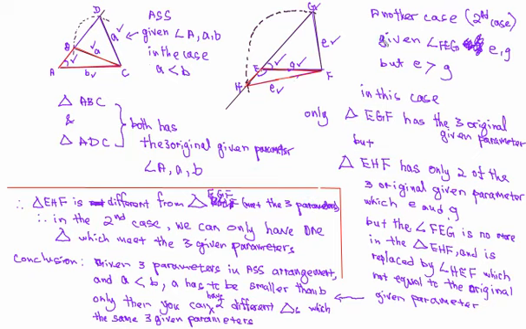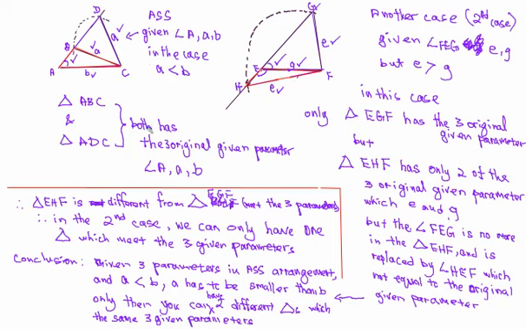So in the second case, we can only have one triangle which meets the three given parameters. Now in conclusion, given three parameters in an ASS arrangement, and provided that A must be shorter than B, only then you can have two different triangles which have the same three given parameters.